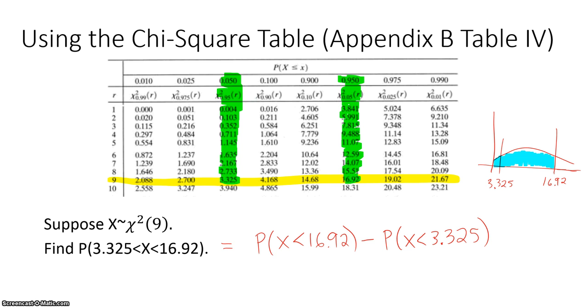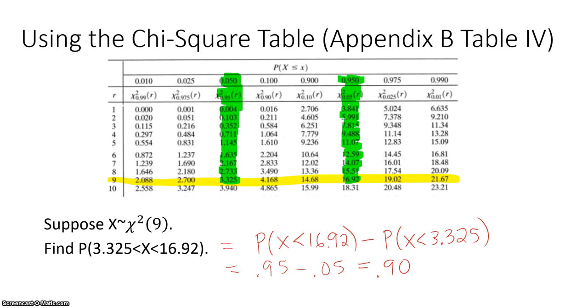If we draw ourselves a little sketch, we can see that the area to the left of 16.92, that's our 0.95. We need to take away the part that's less than 3.325, and that's going to leave us with 90%, 0.90 in the middle.